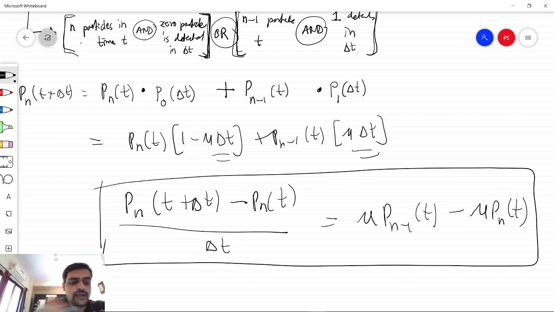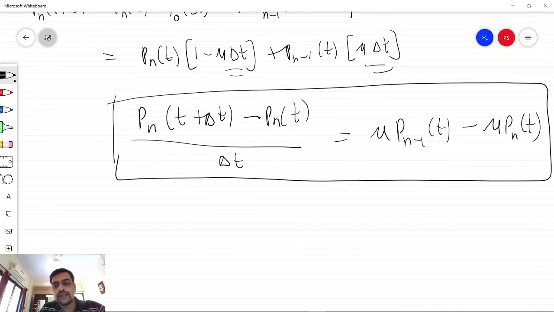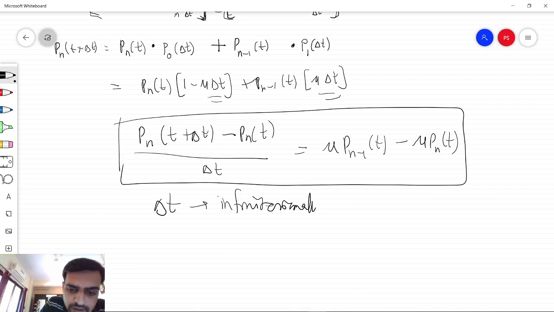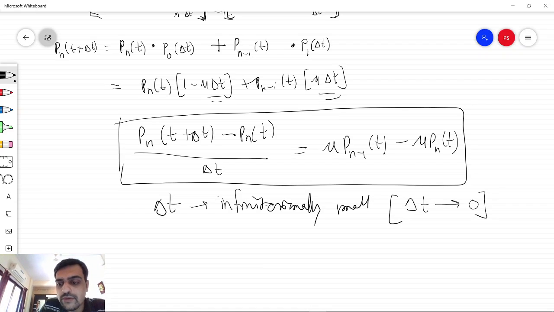This is what we get as an intermediate step. Now we are going to make this time interval delta t infinitesimally small. So we are assuming here that delta t is now tending to 0.